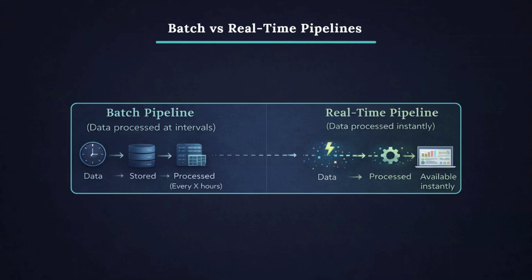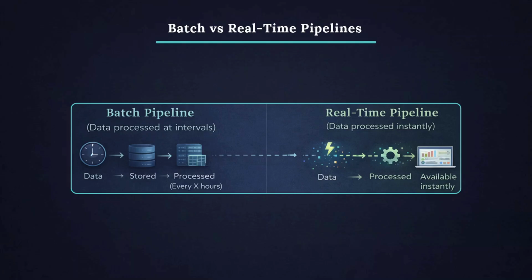Whereas in a real-time data pipeline, data is processed as soon as it arrives. The pipeline runs continuously without waiting. It keeps on processing the data and shows the data instantly on the dashboard.